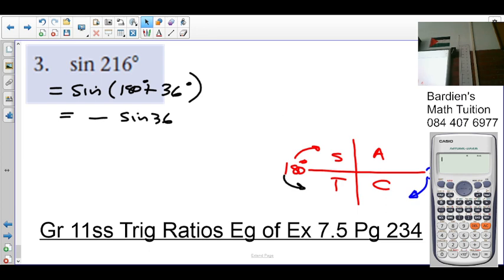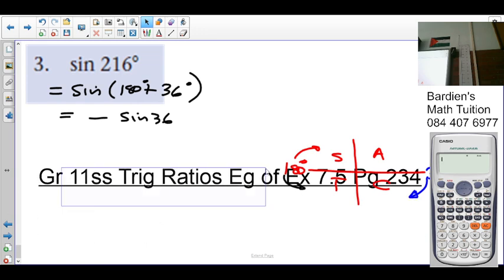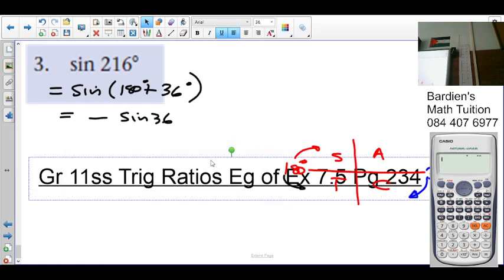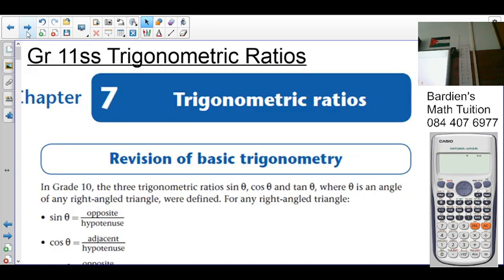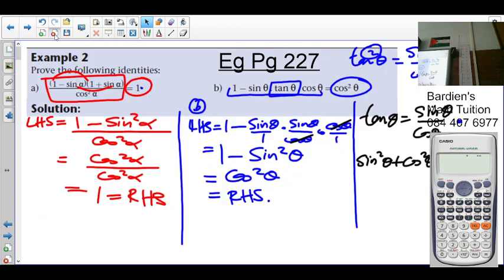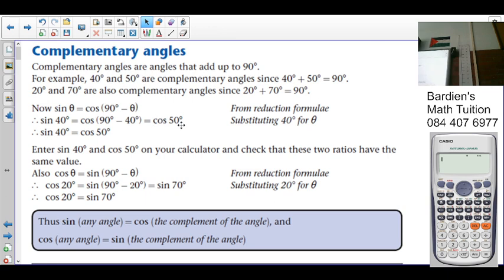Let's carry on. Let's go to the next section. Okay, so with that you should be able to now do exercise 7.5.